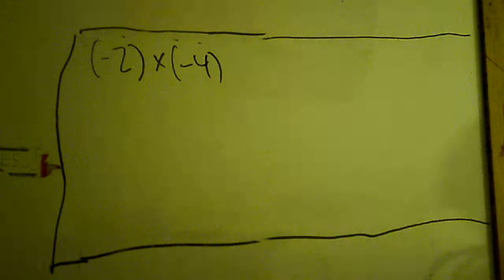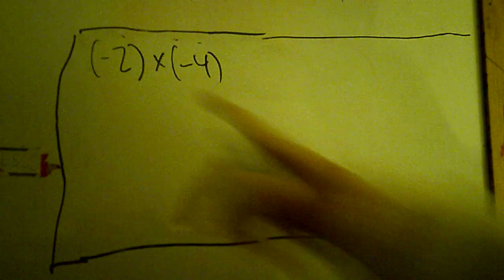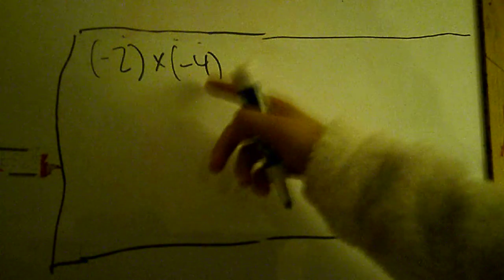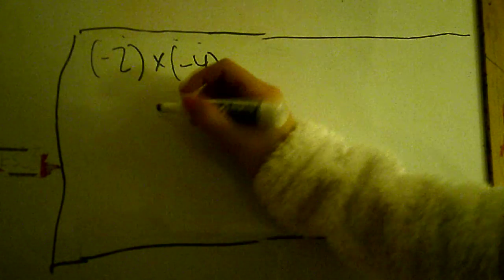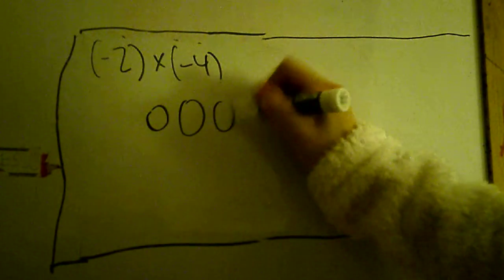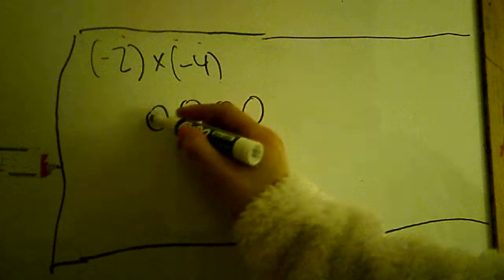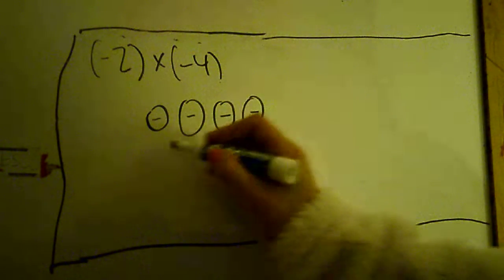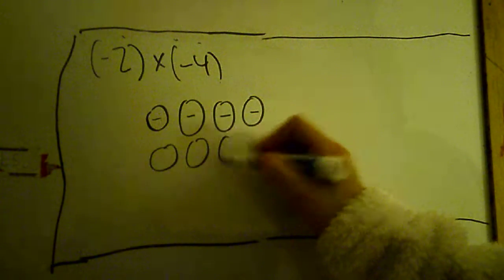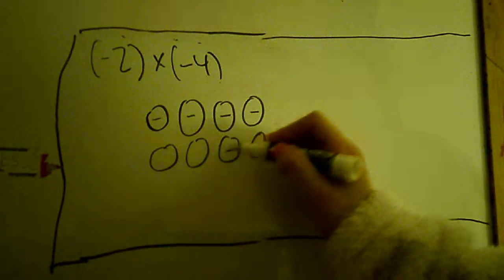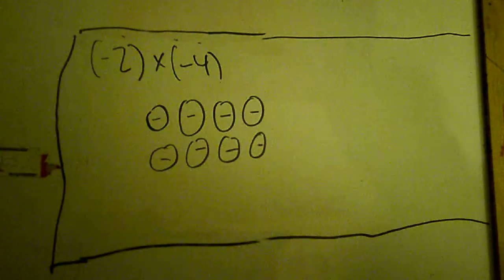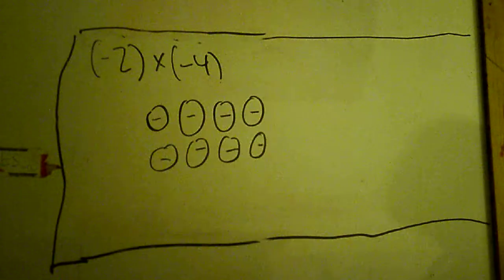All I have to do is imagine this is how many groups, this is how many numbers in each group. I don't need to think about the minus, I just think 2 groups of minus 4. So 1, 2, 3, 4. These are all negatives. This is one group, and 1, 2, 3, 4. This is a second group.